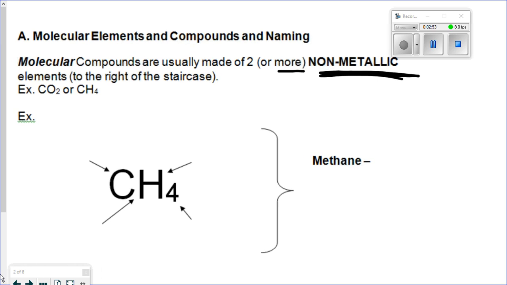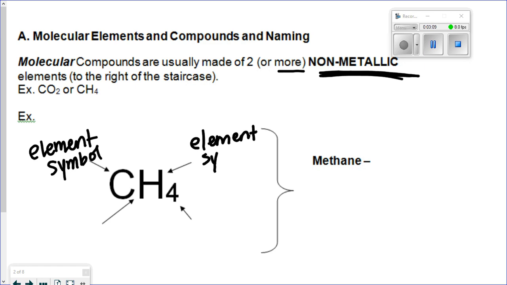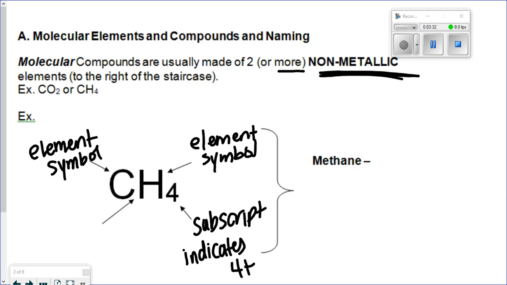So we're going to look at CH4 first. We know this C is an element symbol for carbon. This H is an element symbol for hydrogen. This 4 subscript, which we talked about in the last one, indicates that there need to be 4 hydrogens.